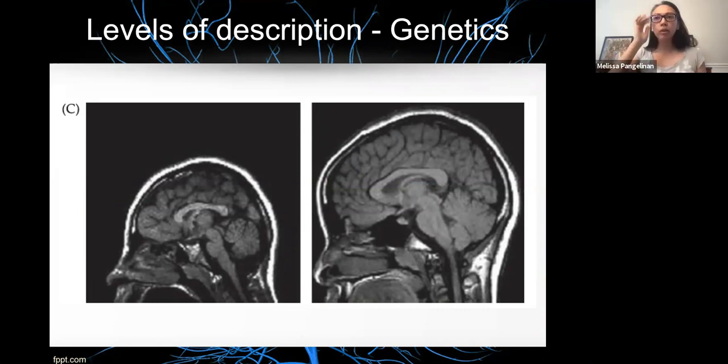But this is an example of a single gene mutation, and this is causing microcephaly. You can see that the brain of this individual is much smaller. You can also see that it has less gyrification. It's less packed together. And again, this is the result of a single gene mutation that is associated with the development of the brain in this particular individual.